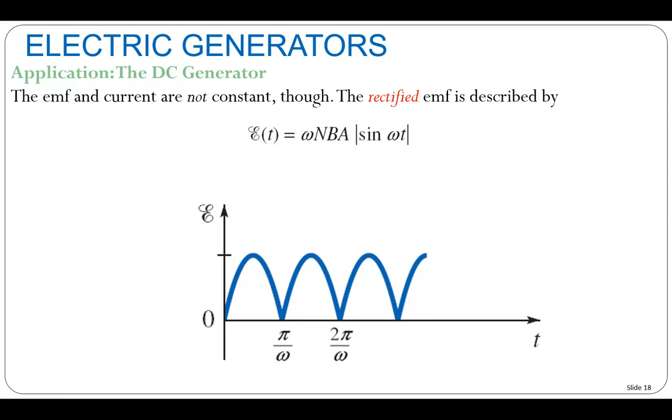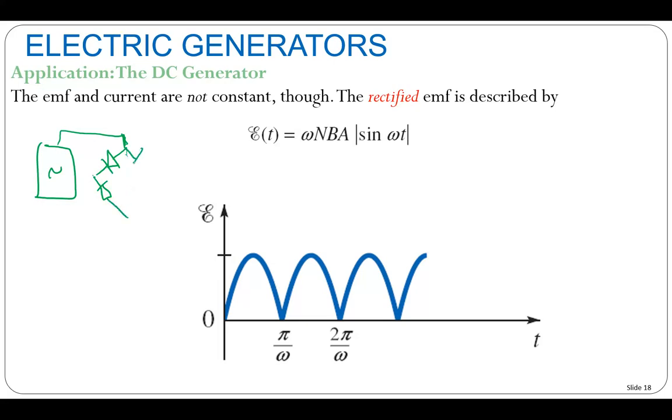For one, here's going to be my generator, putting out an AC. We go through something to rectify it. That something is usually a diode bridge, and I will talk about this in just a moment after I get it drawn.